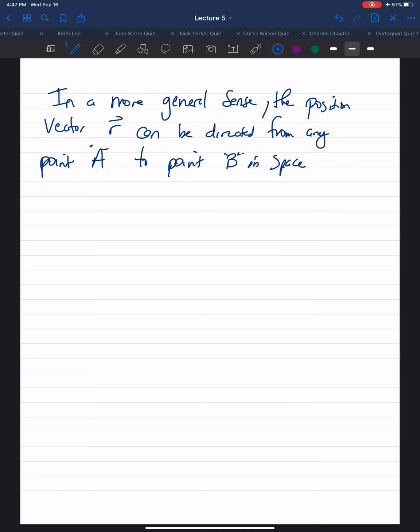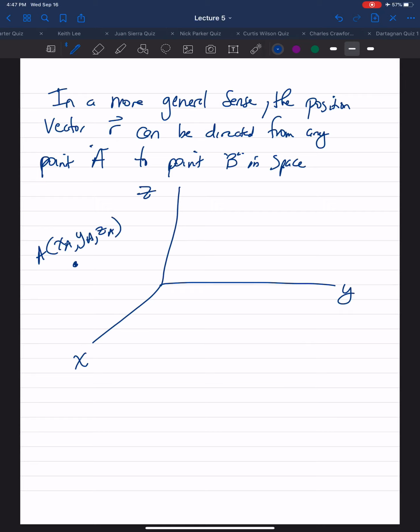Let's show what we mean by that. So we have an axis, Z, X. If we have a point A here, we'll say the coordinates of A are XA, YA, ZA, which means to get from the origin to point A, you have to go some amount in the X direction, some amount in the Y direction, some amount in the Z direction.